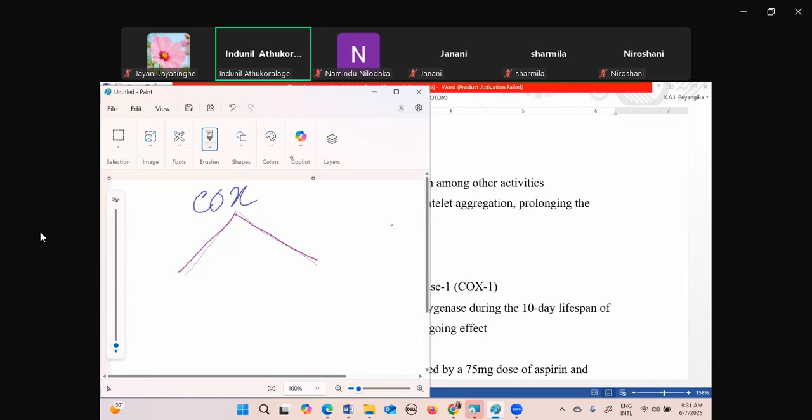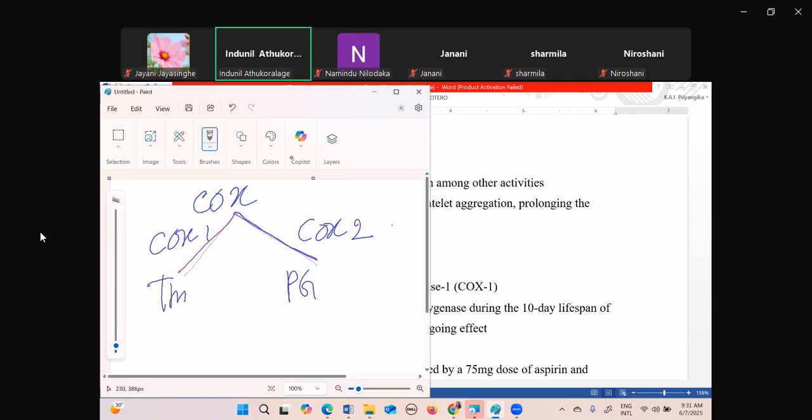So what is COX? What is the longer version of COX? Cyclooxygenase. There are COX-1 and COX-2 enzymes. COX-2 is mainly responsible for prostaglandin synthesis.